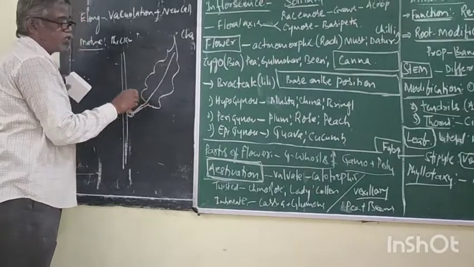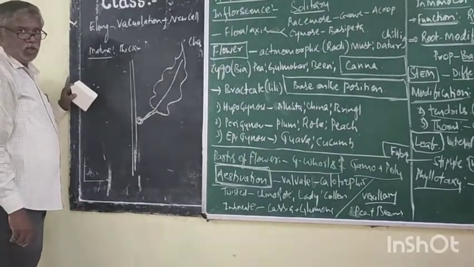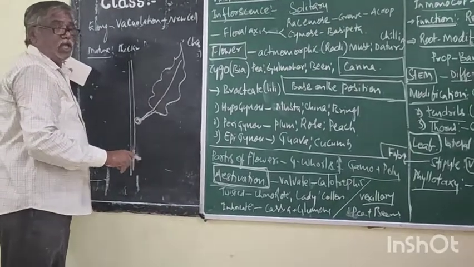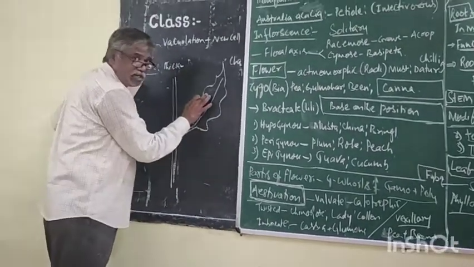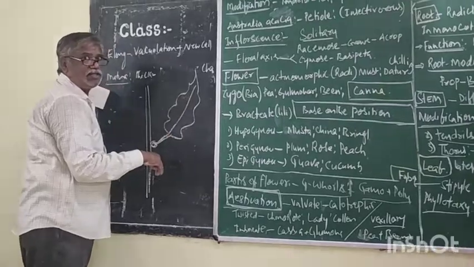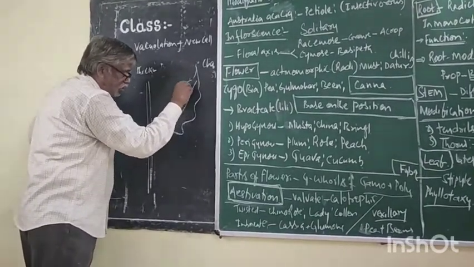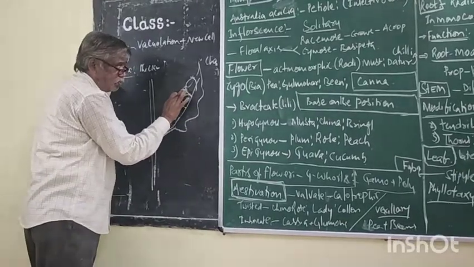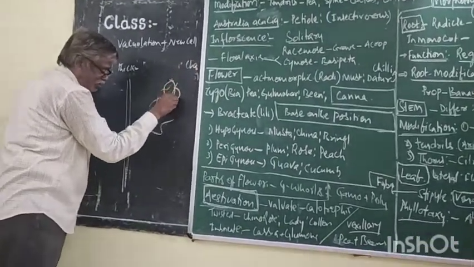What is this? Midrib. And this is lamina. In some plants, this lamina is divisible, and this division touches the midrib.